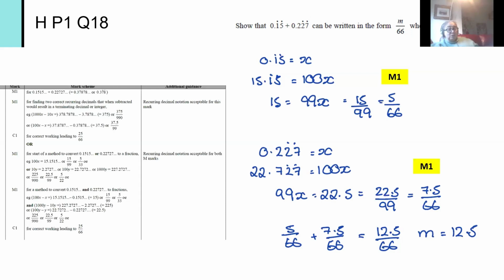What they do have is two correct fractions of 22.5 over 99 and 5 over 66. So that they're able to get that. This shows you at no point, it's an answer of 2.5. No working is required. But the final answer is correct, so they get it. Whether or not you choose to do that in reality is a different thing.